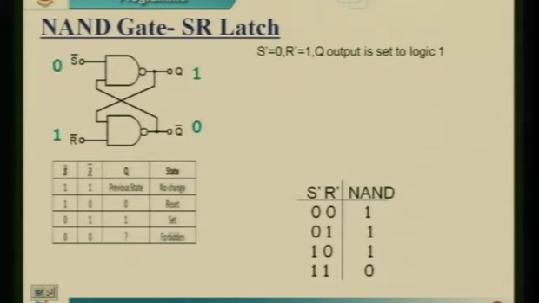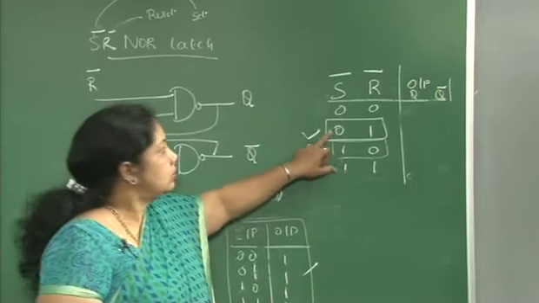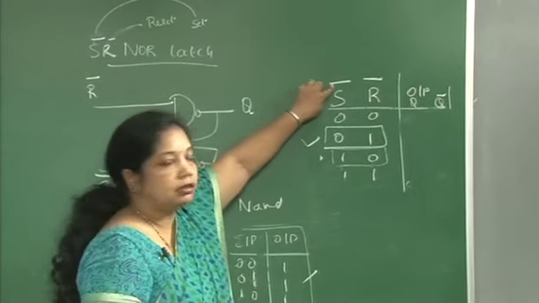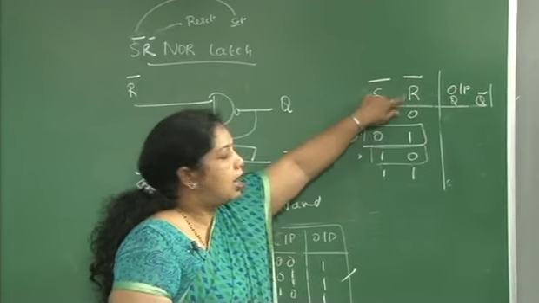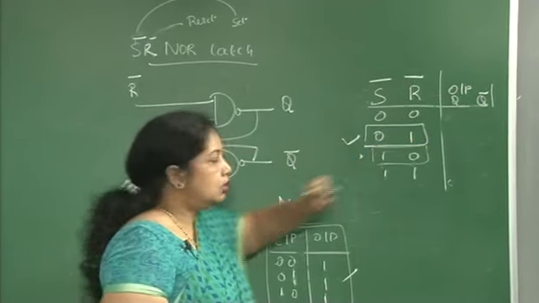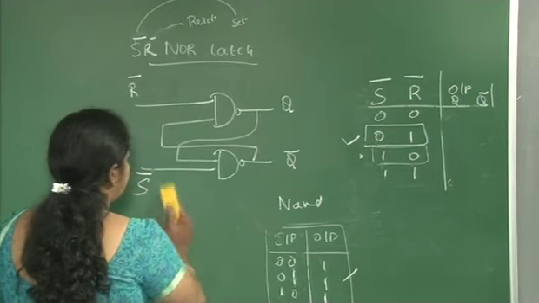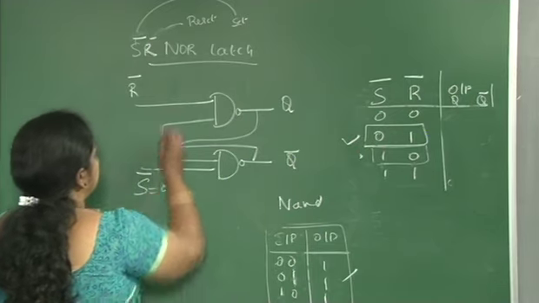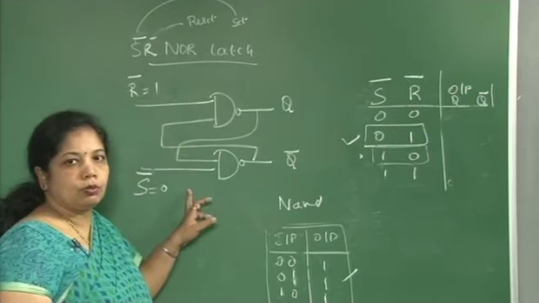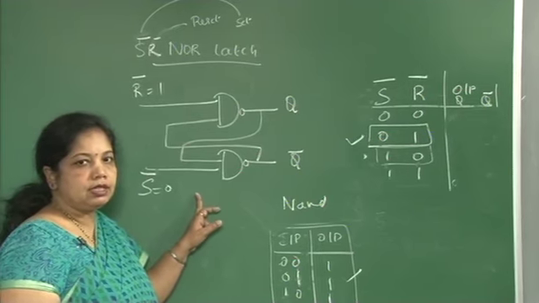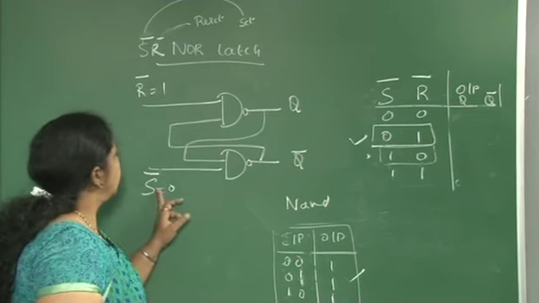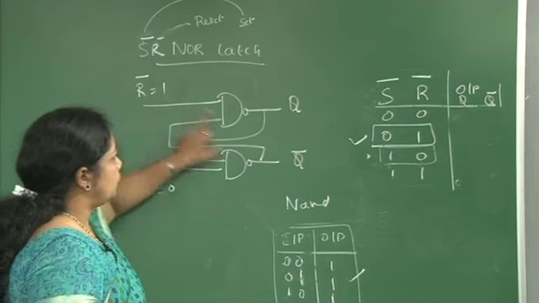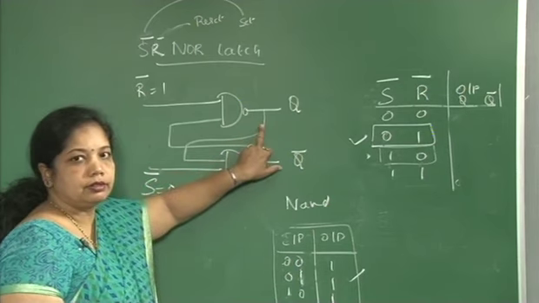We will take the 0 and 1 condition, where the S complement input is 0 and the R complement input is 1. In such a case, what should be my output here?